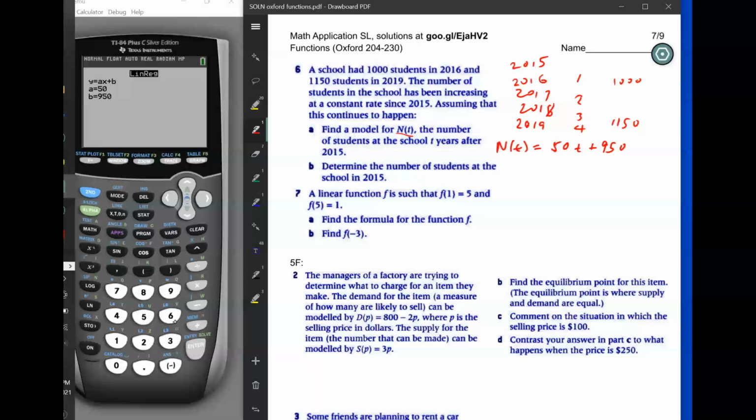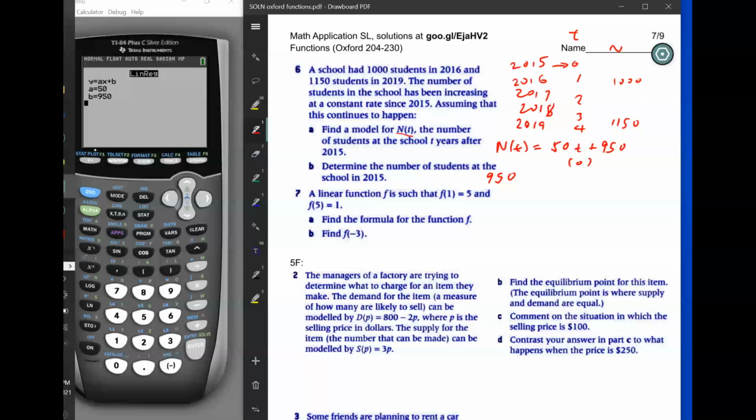So remember, 2015 corresponds to a t value of 0. So a t value of 0 would give us 50 times 0 plus 950. So the number of students at the school in 2015 is 950. We could actually put it into y equals and then look at trace 0 to find 950, but pretty easy to do that.